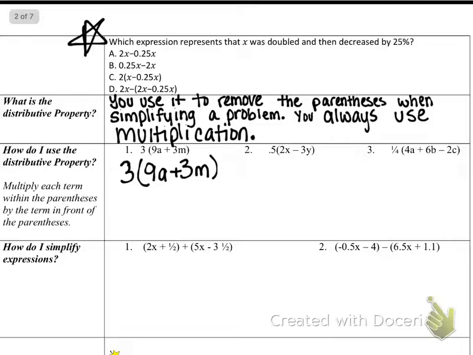So if that jolts your memory, please use it. We're going to multiply 3 times the 9a, and then we're going to multiply 3 times the 3m. I do expect that you show your work. So we're going to write 3 times 9a, bring down your addition sign, plus 3 times 3m.